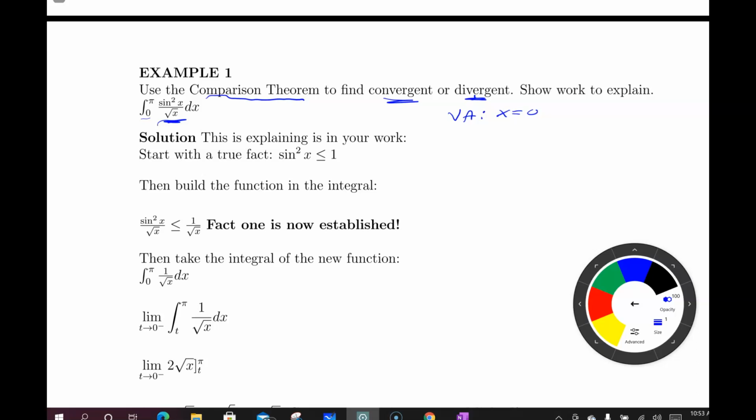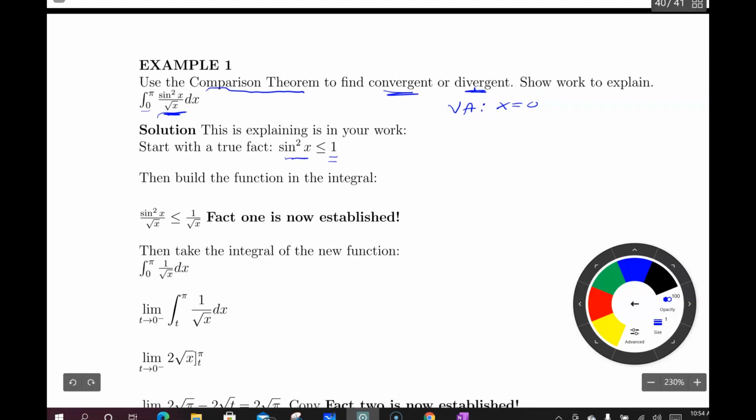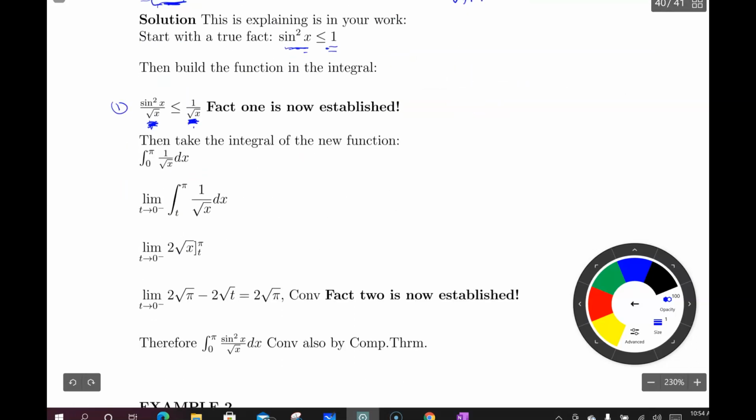I'm going to start with the true fact that I know, that sine squared is smaller than 1. Then I'm going to build the function that's inside the integral. I'm going to take this and divide both sides by root x. So I've got the first of the criteria established, where I've got the function I'm trying to show is convergent or divergent, and now I've got this new function that I can take the antiderivative of.